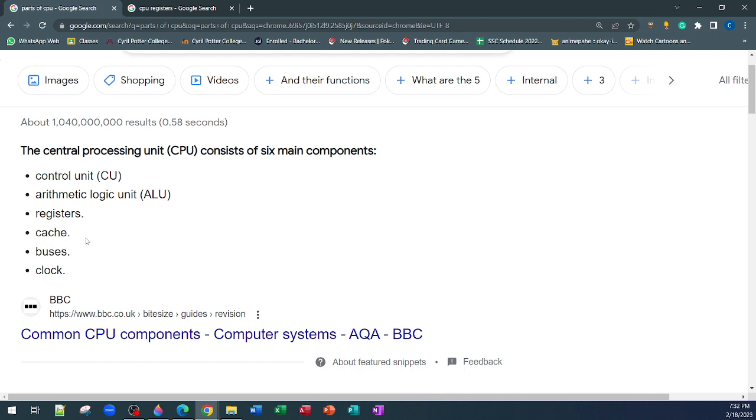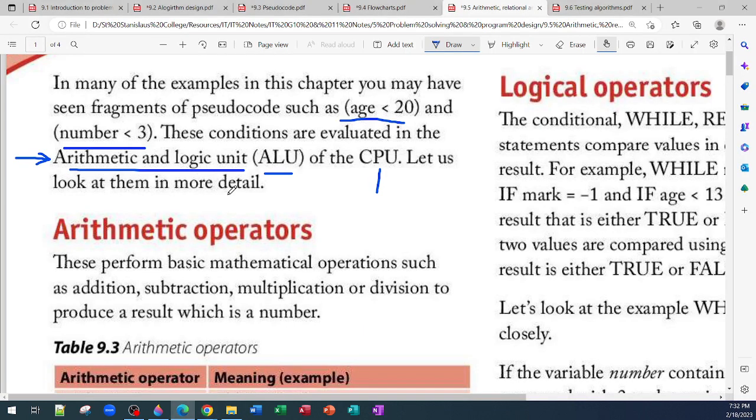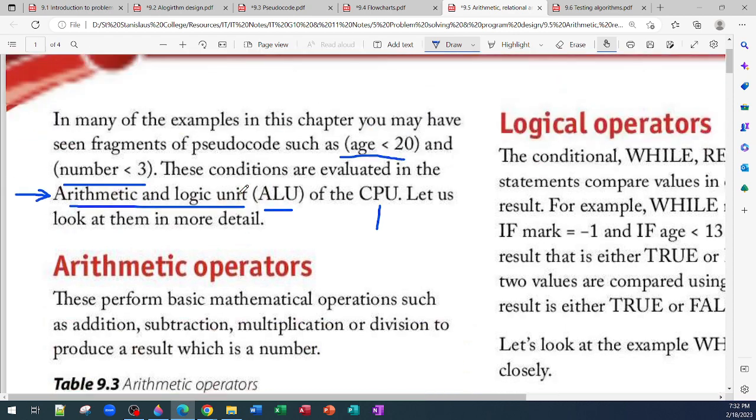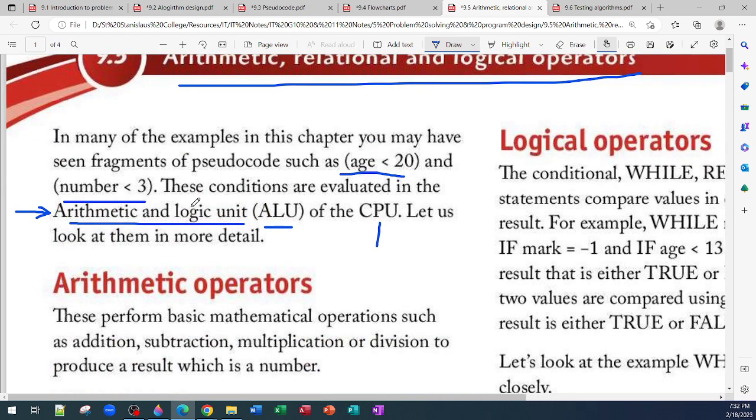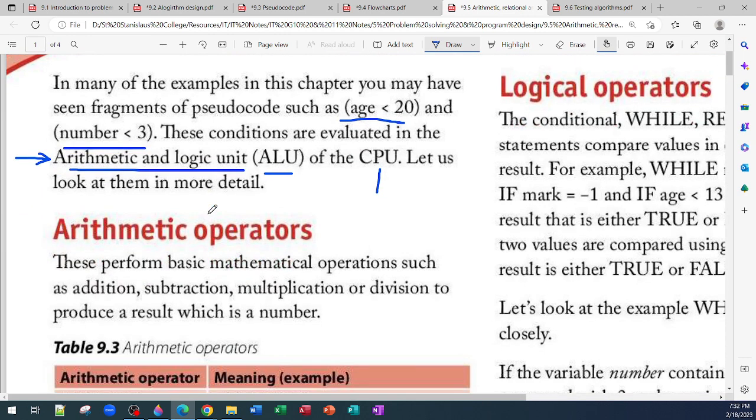Yes, I am back. So, as I said, those are the components of a CPU. Good. Why we brought this up is because we're looking at operators, and the ALU is what handles all of those calculations.